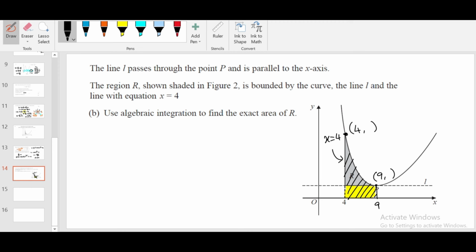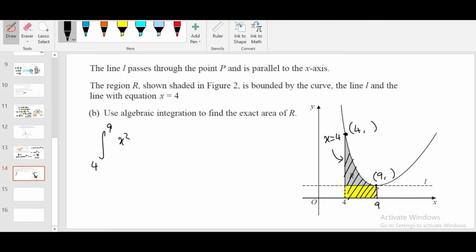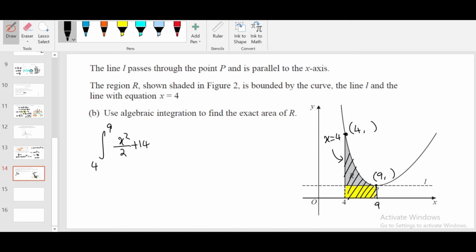So first let's integrate the function from 4 to 9. Integral 4 to 9, the function is x square by 2 plus 1458 x power minus 3 over 2 minus 74 dx.